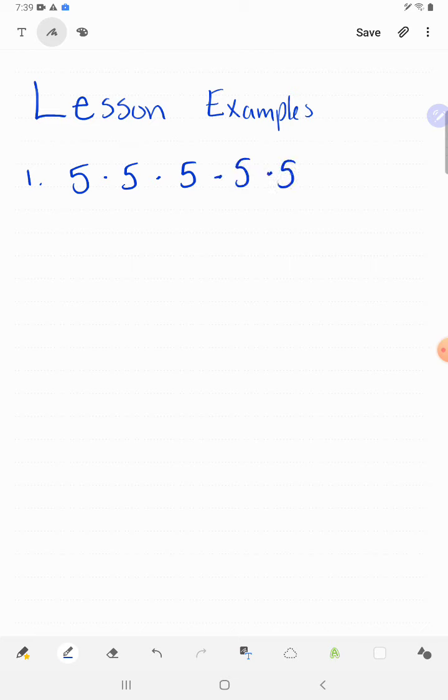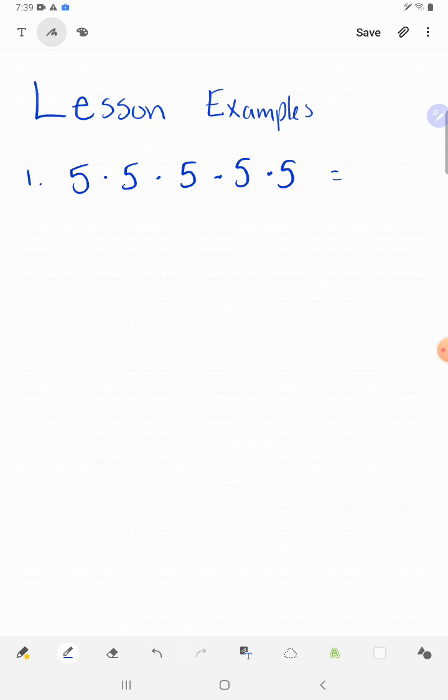Now, I'm not looking for a value here. I'm looking for a mathematical expression that is using a base and an exponent, all right? And we're going to call this exponential notation. We're going to put this in exponential notation.